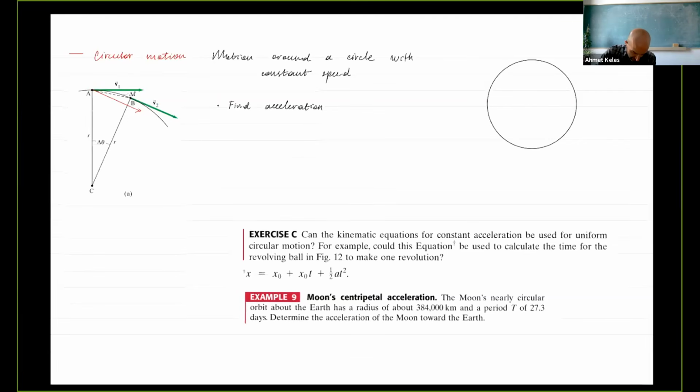I know this angle is 90 degrees, right? And this angle is 90 degrees, right? And if this angle is delta theta, I can extend it just a little bit. This part is also delta theta, because this should be pi over 2 minus delta theta. Okay, just a little bit of geometry.